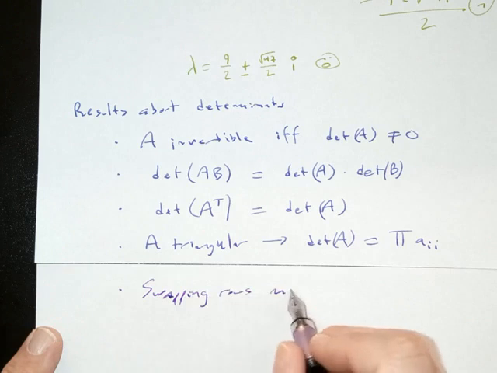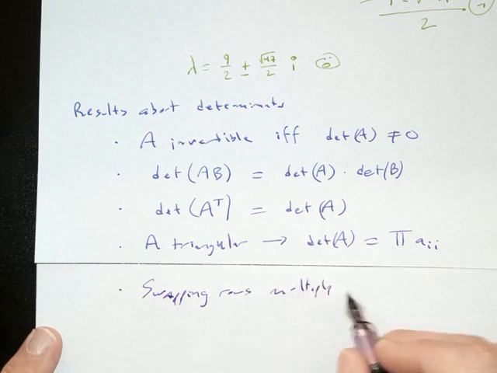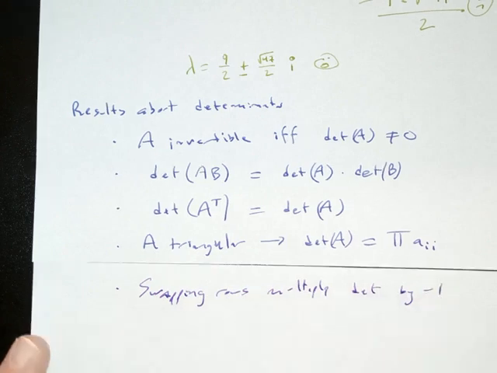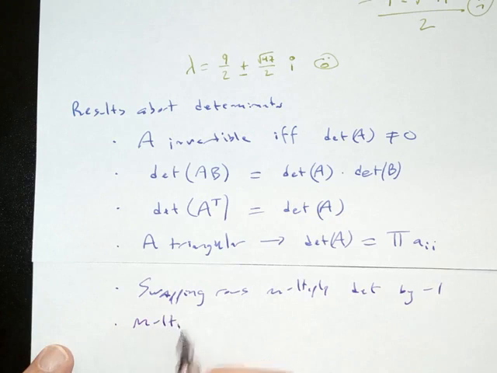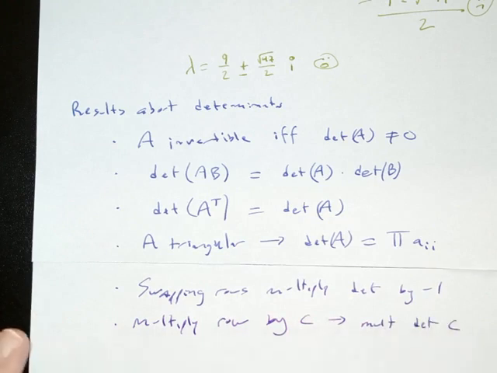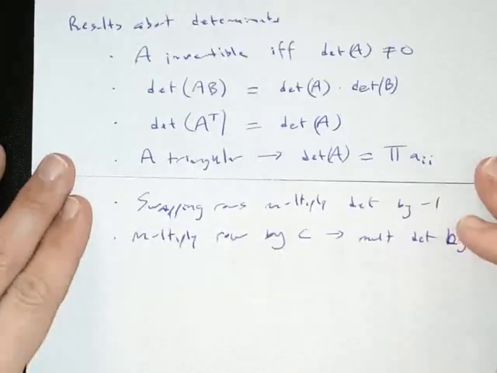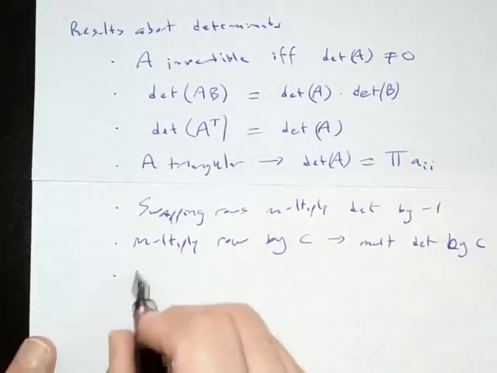Swapping rows multiplies the determinant by -1. Multiply a row by some constant, multiply the determinant by that constant. Elimination operations don't change determinants.